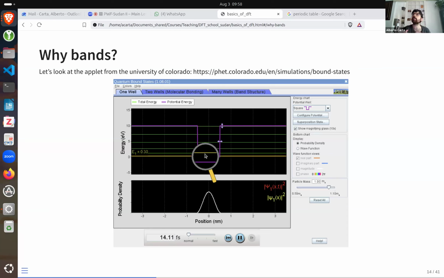But the question is more about how many of these states, how many of these green lines, these available states, am I going to get if I start increasing the number of wells? If you have some intuition for that. It's fine if you don't know, okay? It's just for me to understand if you have some intuition for that.